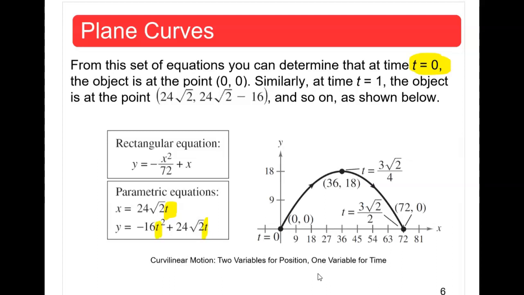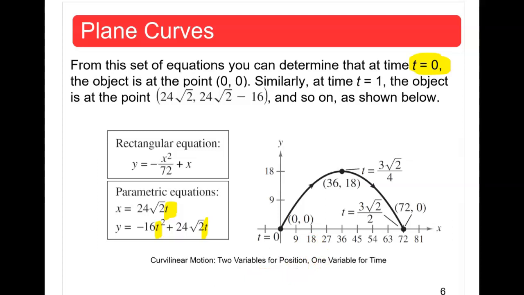And after substituting 0, we will get a point, and that will give us the position of the object.